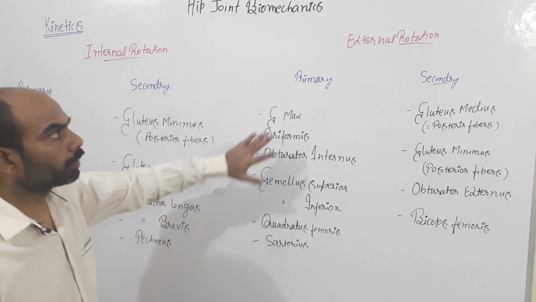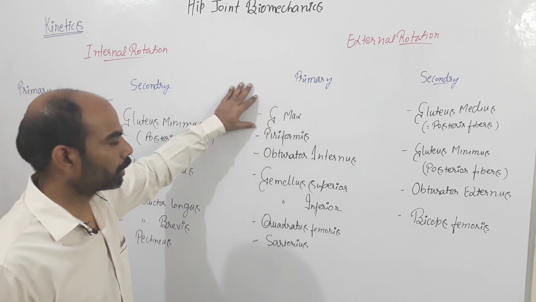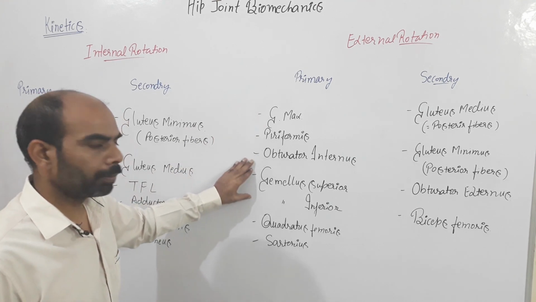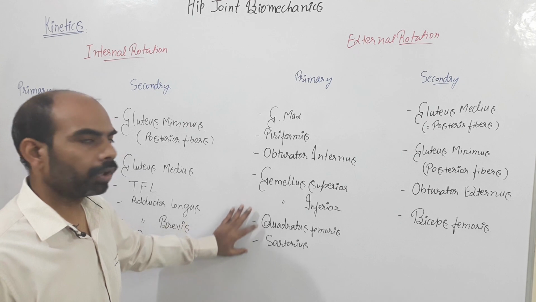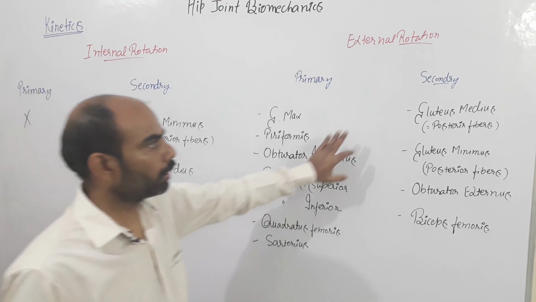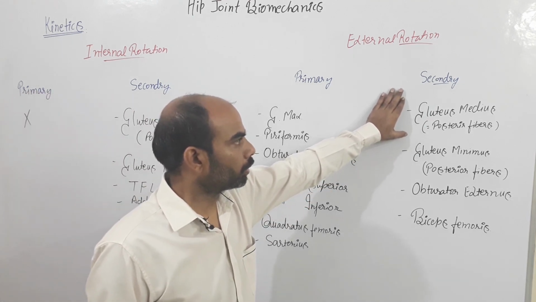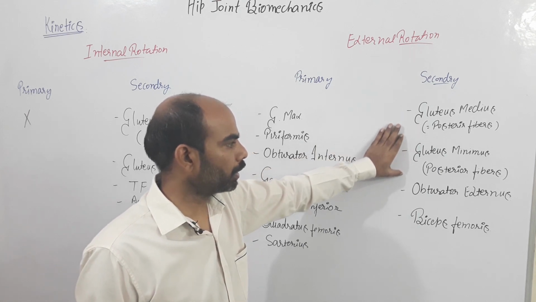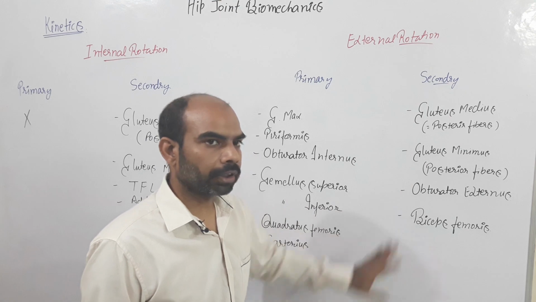The primary muscles for hip external rotation are gluteus maximus, piriformis, obturator internus, gemelli, quadratus femoris, and sartorius. The secondary muscles are gluteus medius, the posterior fibers of gluteus minimus, obturator externus, and biceps femoris.